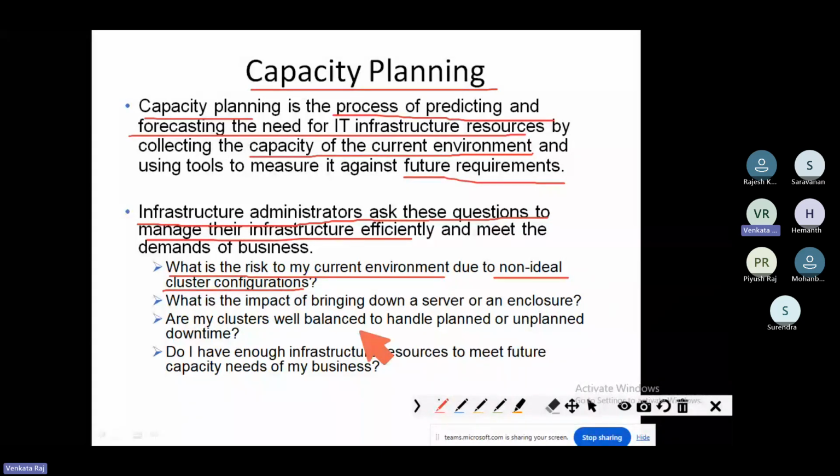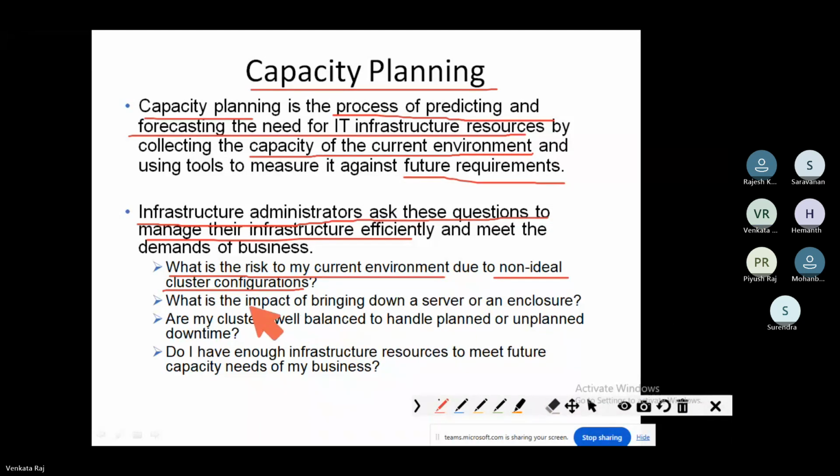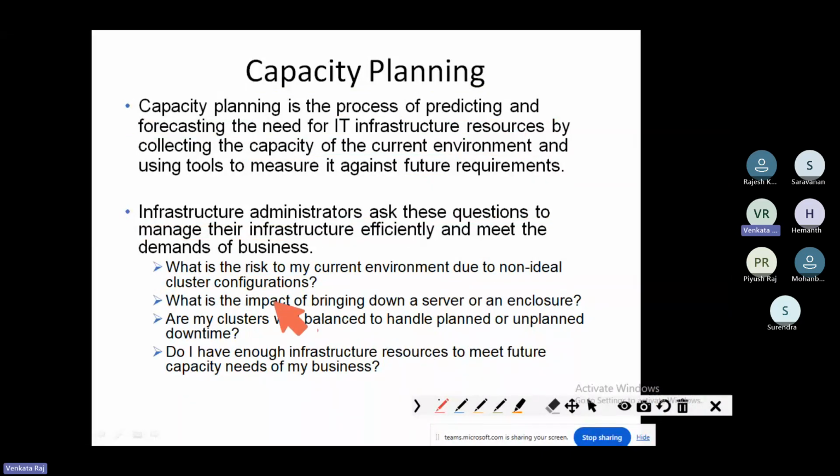My cluster configuration is not done correctly, so because of that, what is the risk to my current environment? Next. What is the impact of bringing down a server, guys? If I want to bring down a server, what will be the impact?